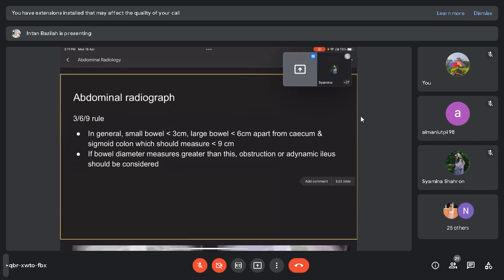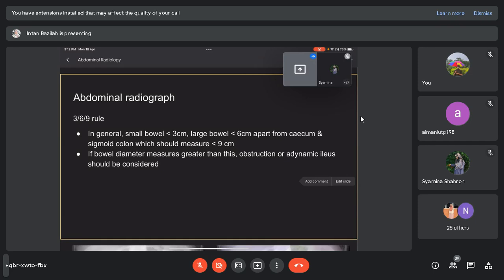Usually in paralytic ileus, you can see generalized dilatation of the bowel. In comparison, obstruction usually shows focal dilatation. Sometimes it only involves the small bowel, or only the large bowel.